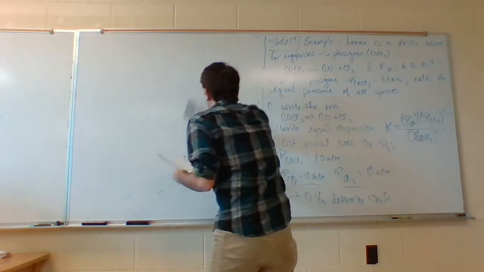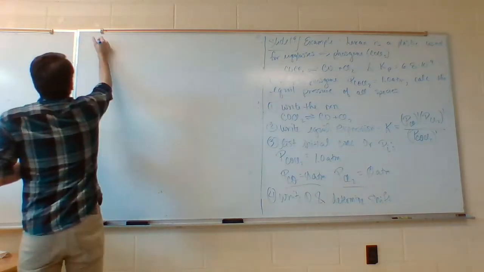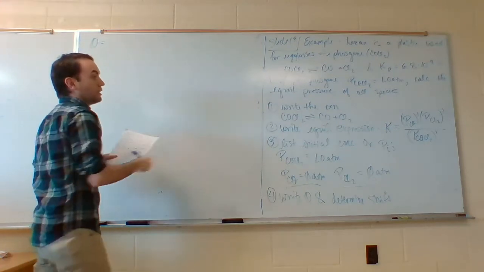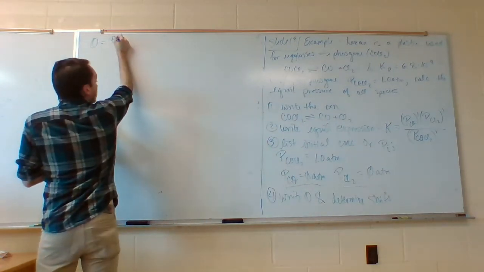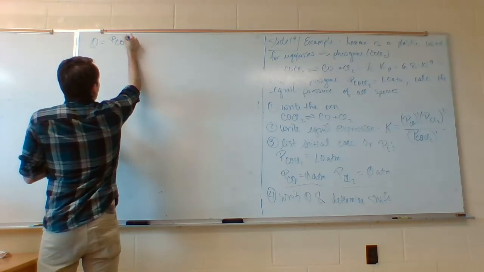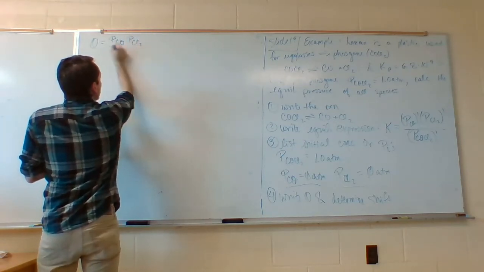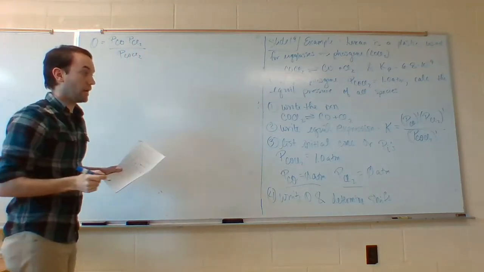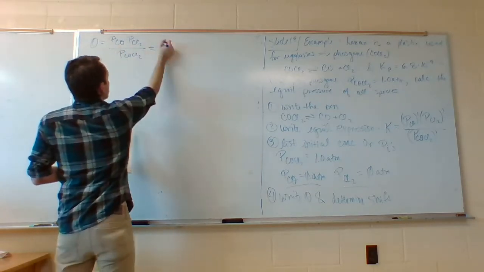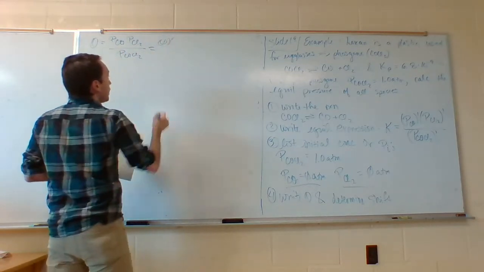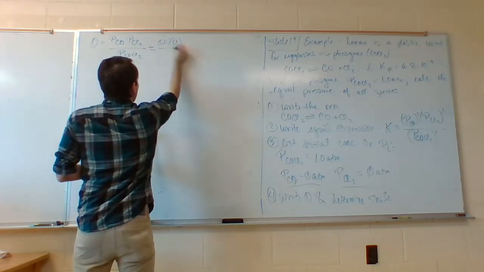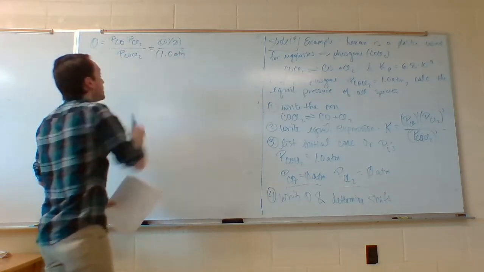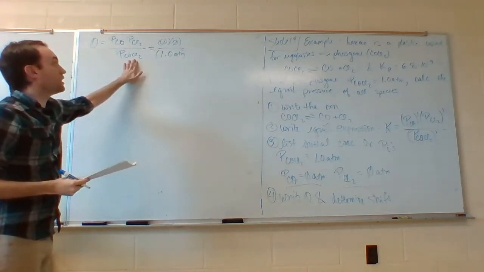Now, I'm going to write Q, right? We define it as our partial pressure of CO times our partial pressure of Cl2 all over our partial pressure of COCl2. Okay? Now, we know that the partial pressure of CO is 0 atmospheres. We know that our partial pressure of Cl2 is 0 atmospheres. And we know that our partial pressure of COCl2 is equal to 1 atmosphere.